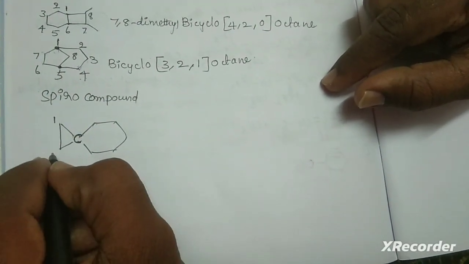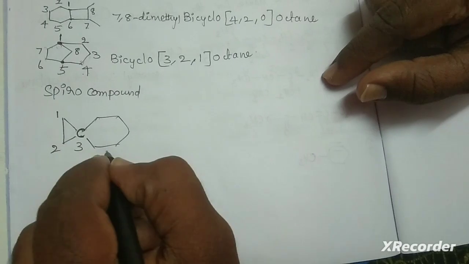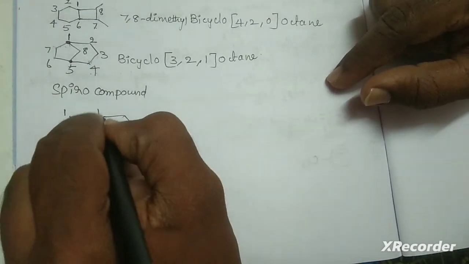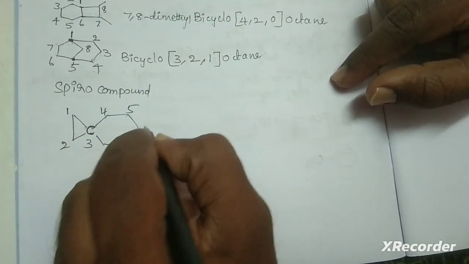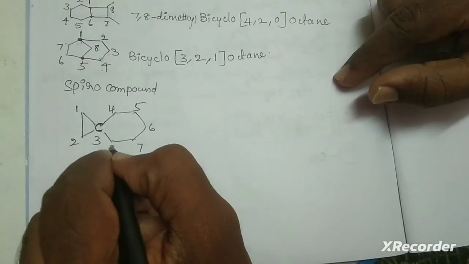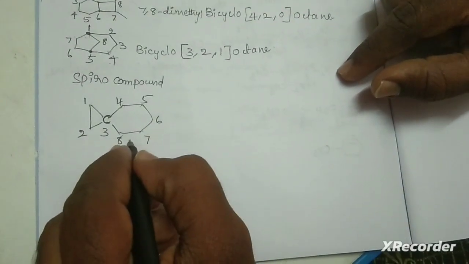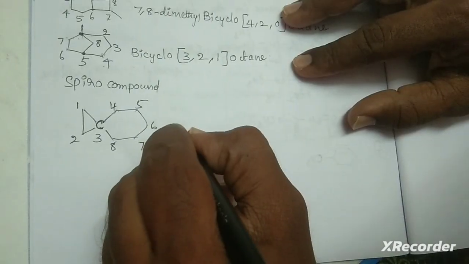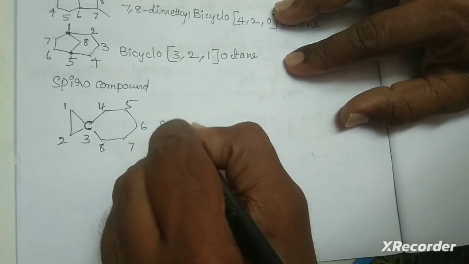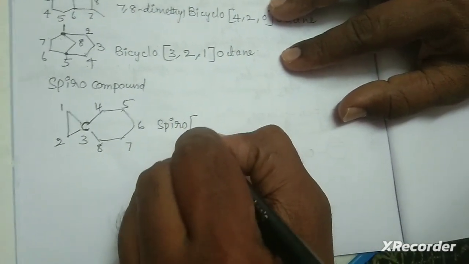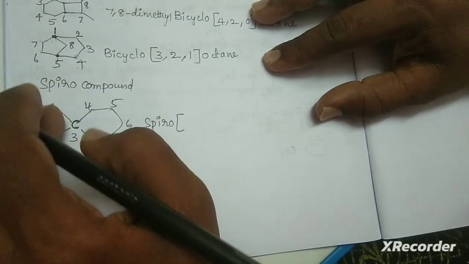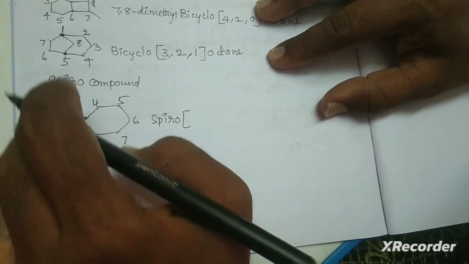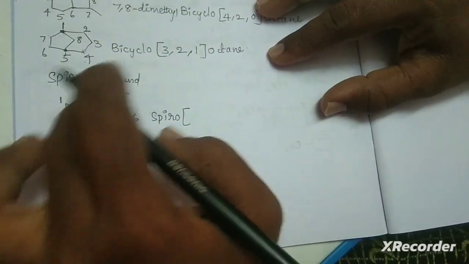1 2 3 4 5 6 7 8. For the prefix you mention spiro. In the bracket you mention the smaller ring as well as the bigger ring.